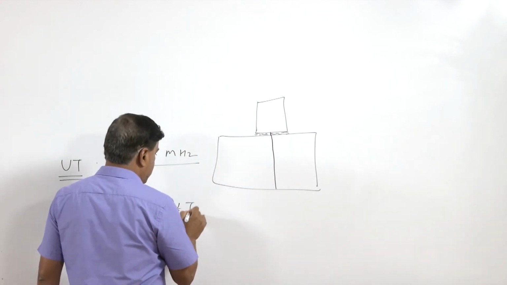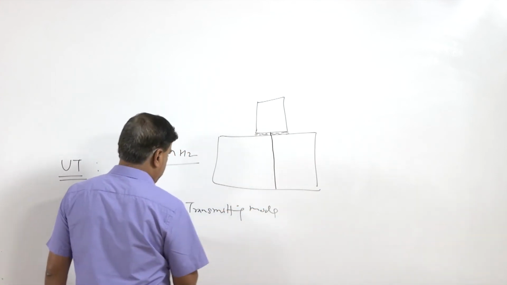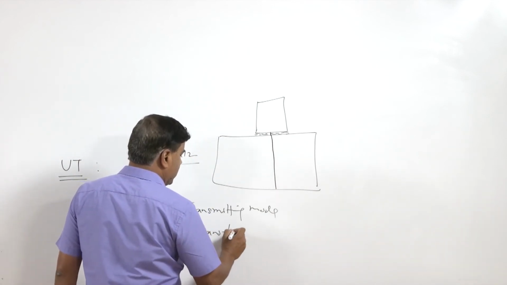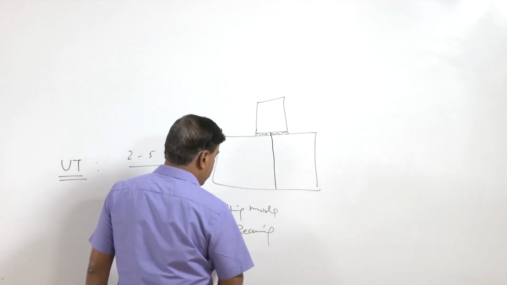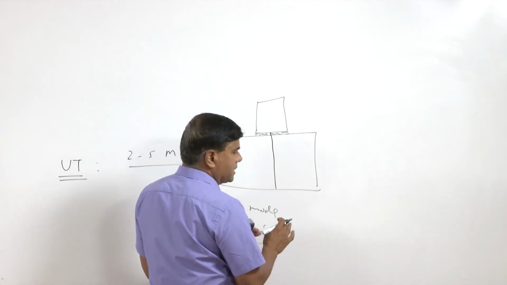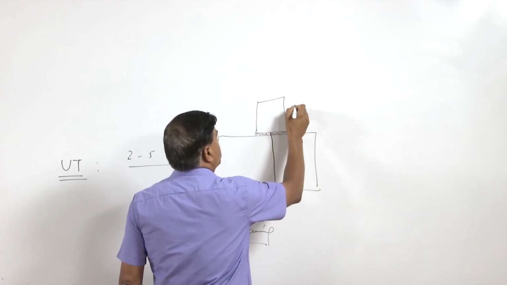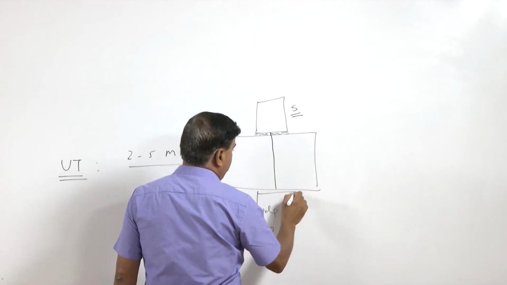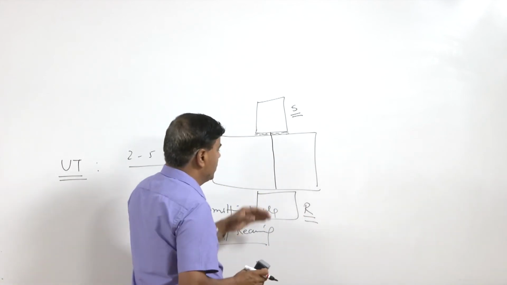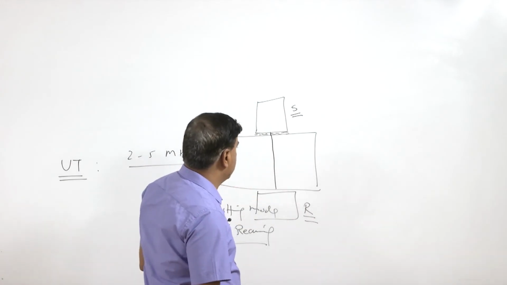So, there are two variants. One is the transmitting mode. In this case there is one source probe and another receiving probe. The receiving probe checks whether the ultrasonic vibrations sent from one side reach the other side.